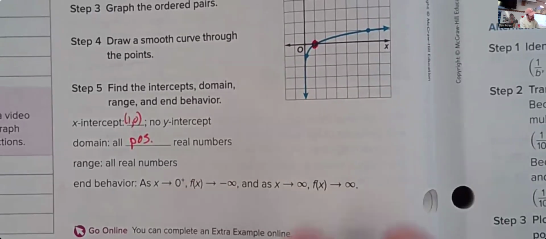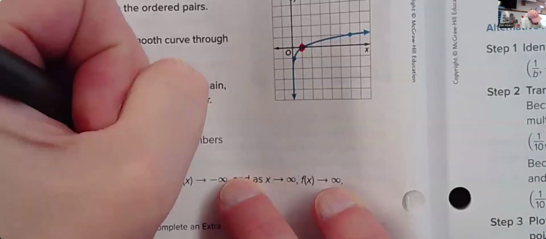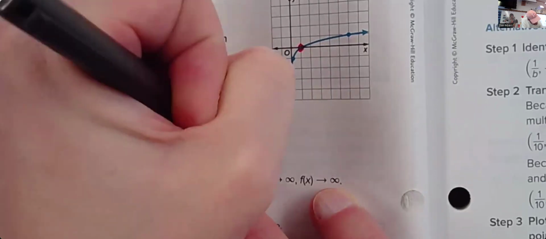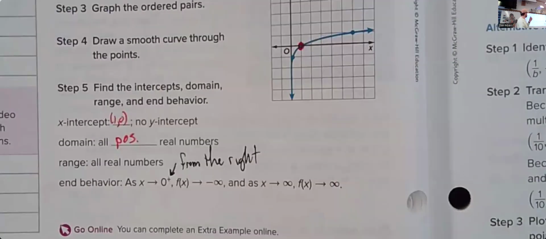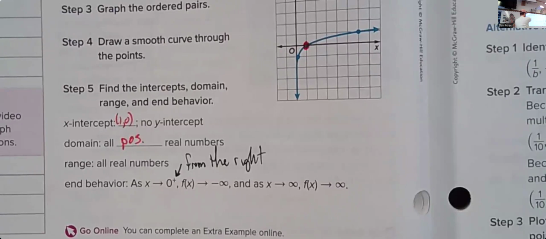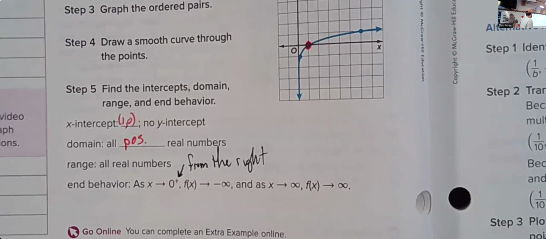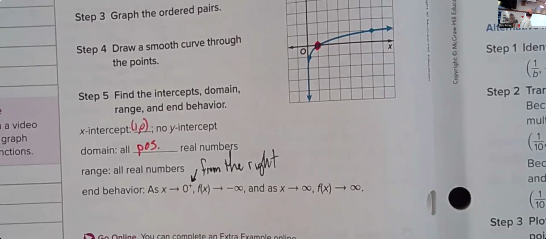If you want to put a little note there for yourself as well, just as a reminder: from the right, as x approaches 0, it goes down, f of x goes to negative infinity. So the answers are here for us, but understanding what this jargon means is a good thing. So as x approaches 0 from the right, the y value, f of x, goes to negative infinity, goes down forever. As x goes positive on the x-axis forever, y also goes positive forever. It happens pretty slowly, but it still happens.